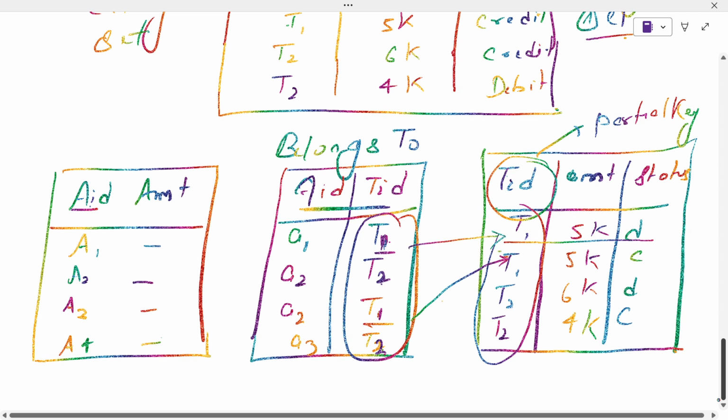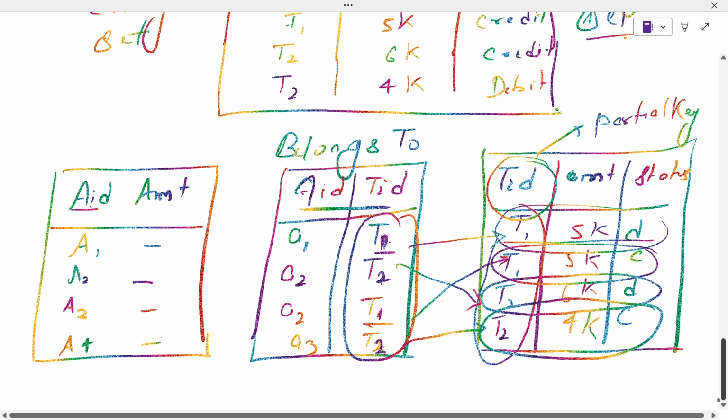This T2 corresponds to this data, and this T2 corresponds to this data. So this way we have taken every entity. In this way, we can say that every entity is related with one entity of this owner entity set. So this way everything has come up, and every entity is shown in the relationship.